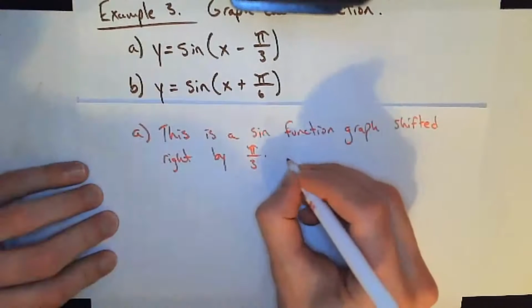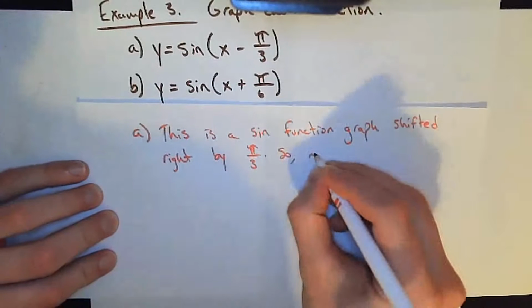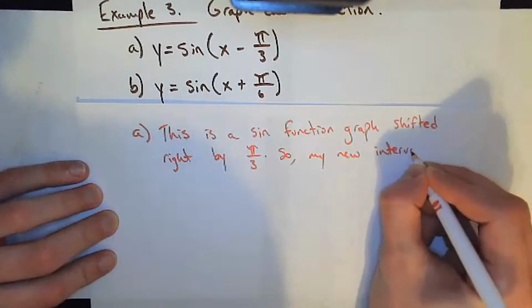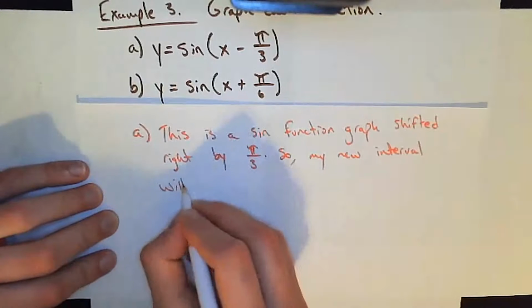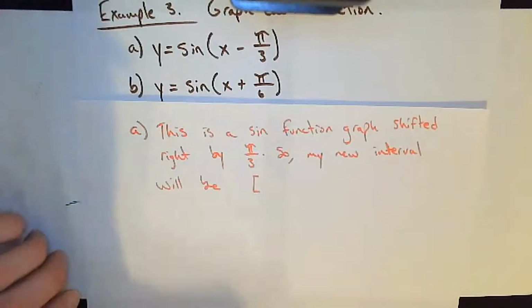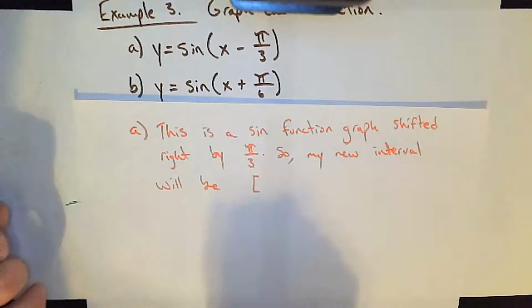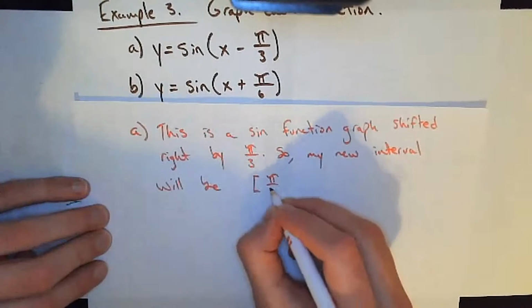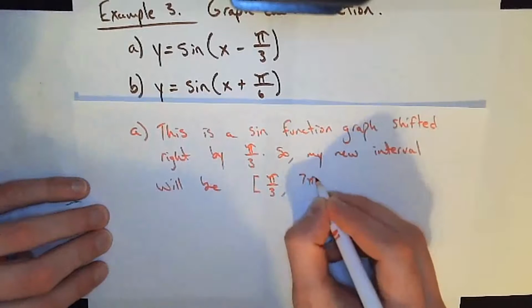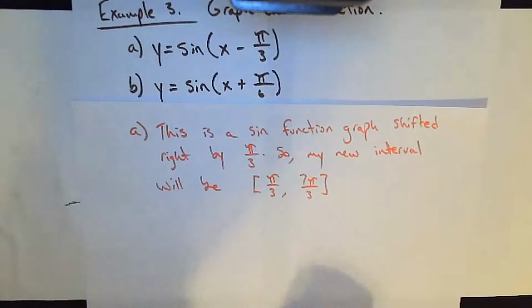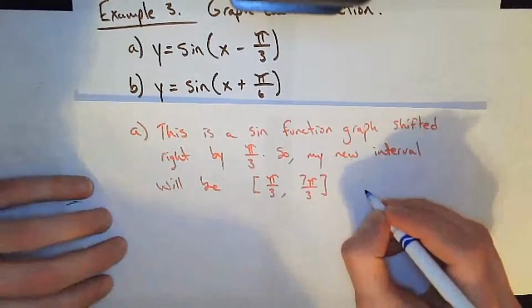First of all, my new interval where I'm going to graph this thing is not going to be 0 to 2π anymore. It's going to be π/3 to 7π/3. And where is that coming from? Since I'm in a recorded lecture and I have more time, I can go ahead and point this out.